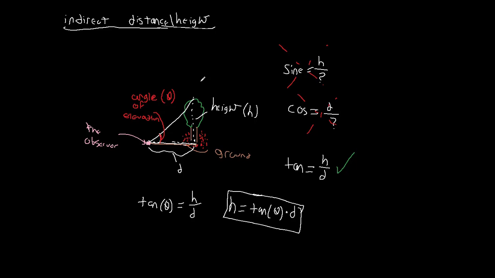So if this sort of setup does not make sense to you, I encourage you to go back to the previous video where we walked through conceptually how to get to tangent and then come back and watch this. Otherwise, let's go ahead and get into some examples.